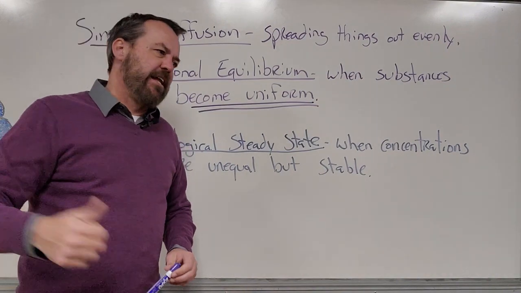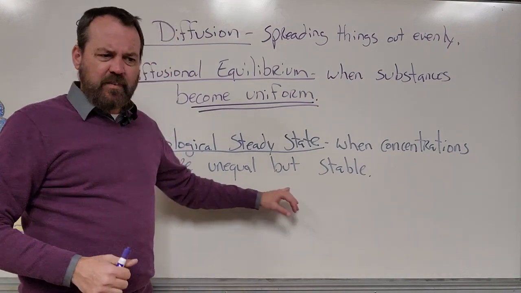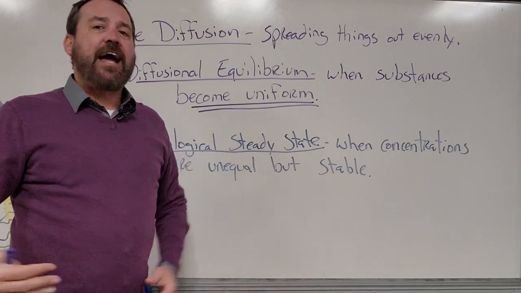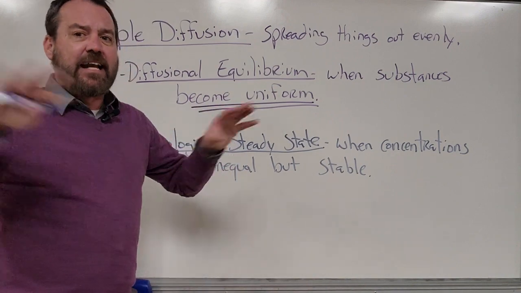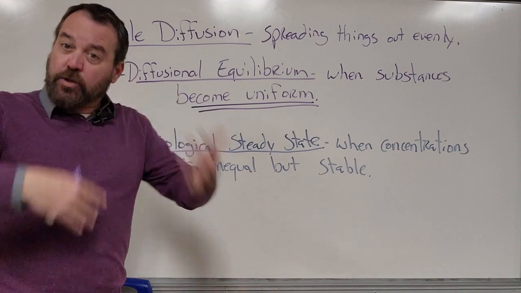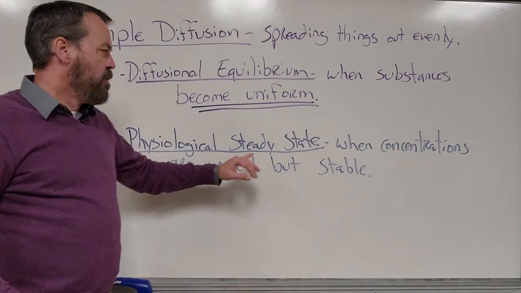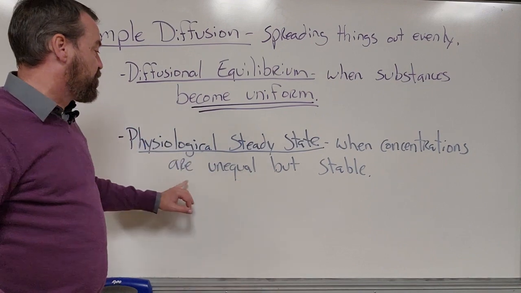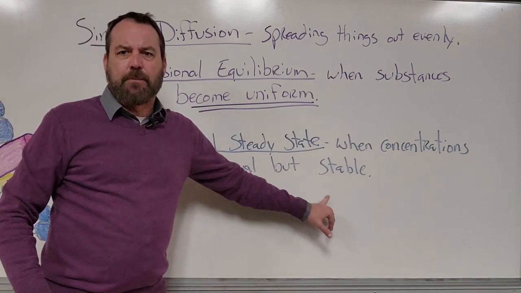We're using them to break down ATP primarily, and we're delivering oxygen to all cells of our body. So we never have as much oxygen in as we do out because we use it as soon as we get it. And so the physiological steady state defined is when concentrations are unequal but stable.